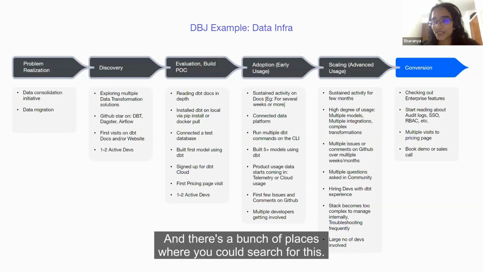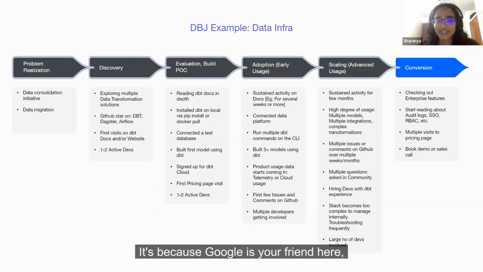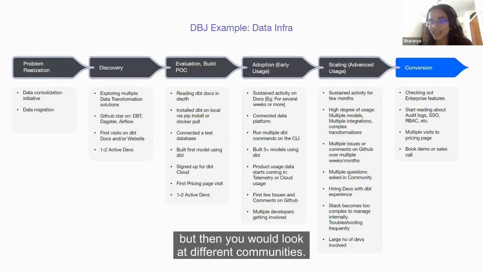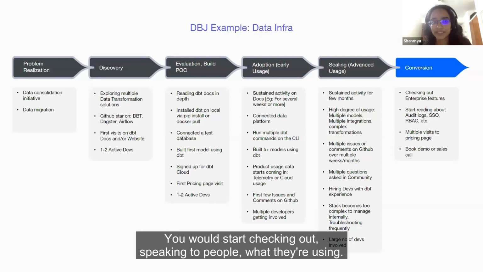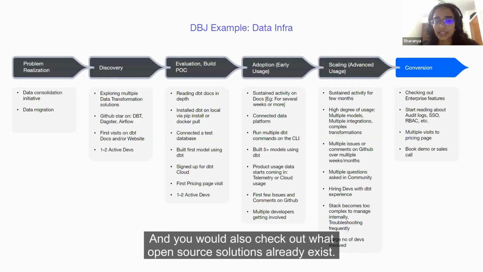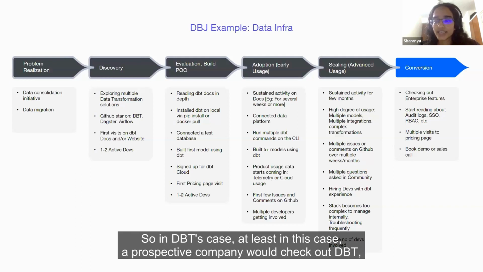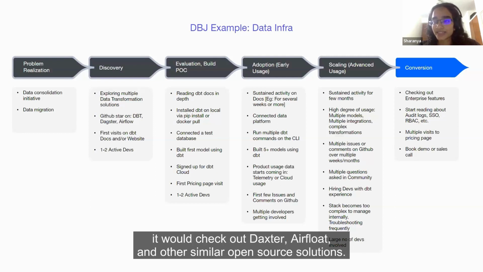There's a bunch of places where you could search for this. Of course, Google is your friend here, but then you would look at different communities. You would start speaking to people about what they're using. And you would also check out what open source solutions already exist. So in dbt's case, a prospective company would check out dbt, Dagster, Airflow, and other similar open source solutions.